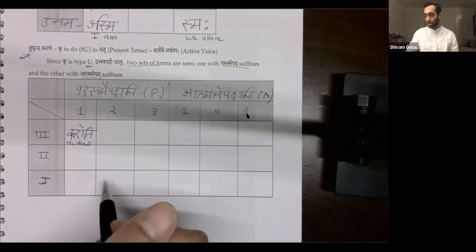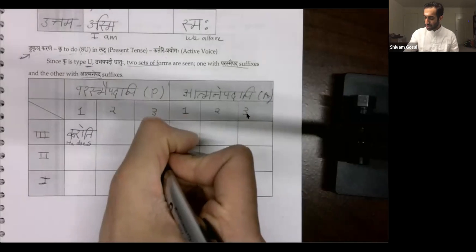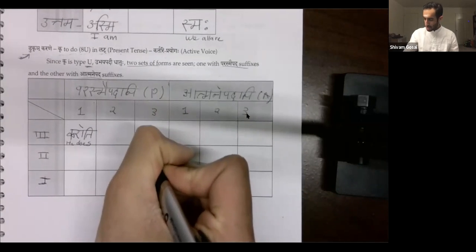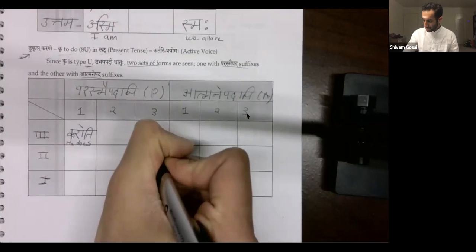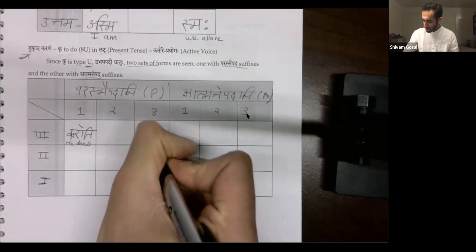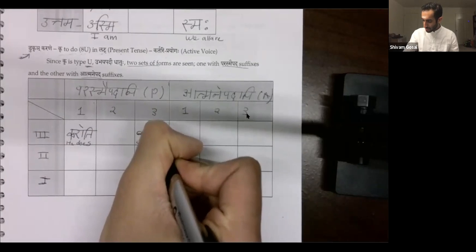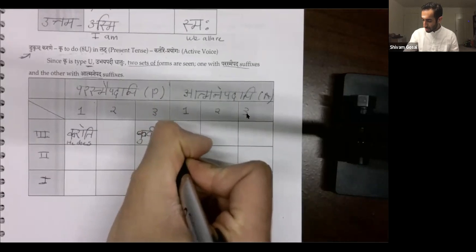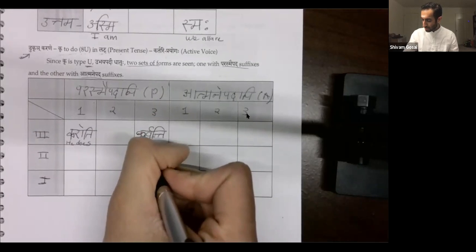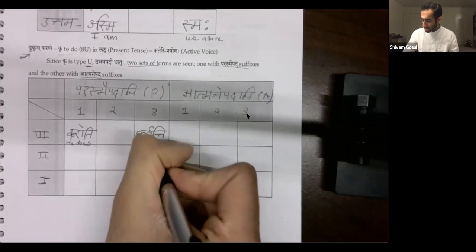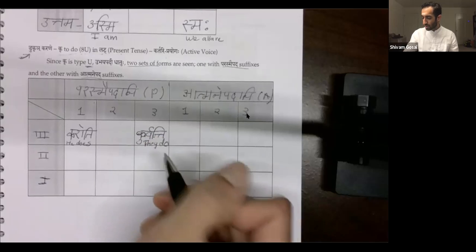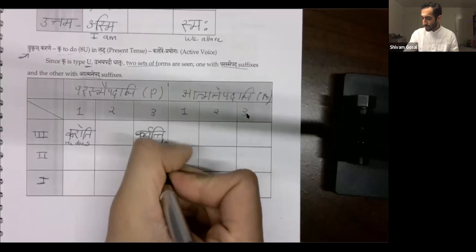Prathama purusha bahuvachanam is, oh sorry, that's not very neat. You can see it in your book also. Kurvanti, they do.